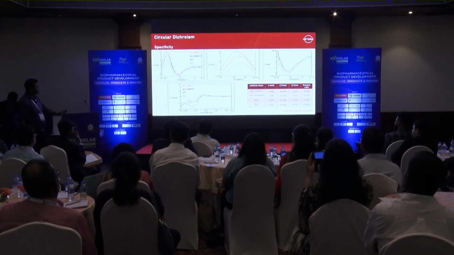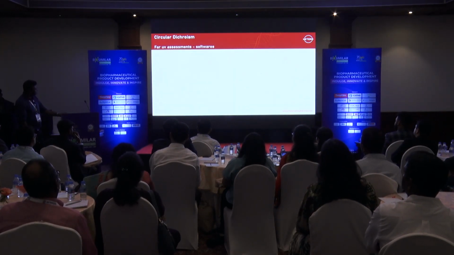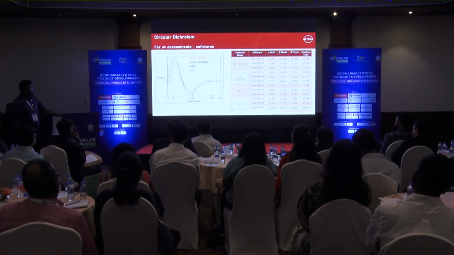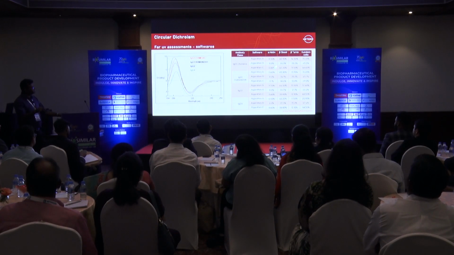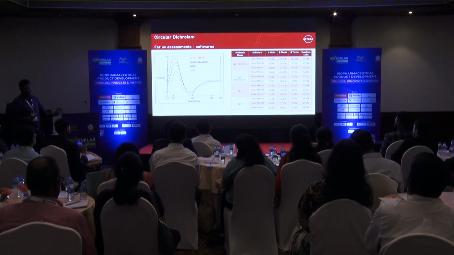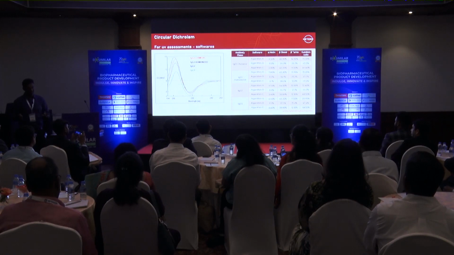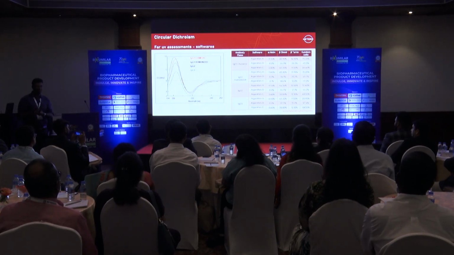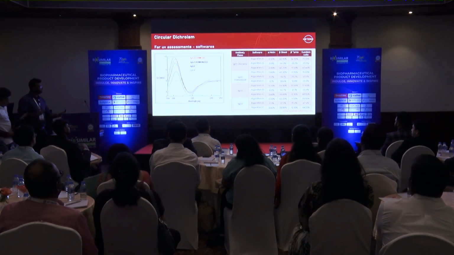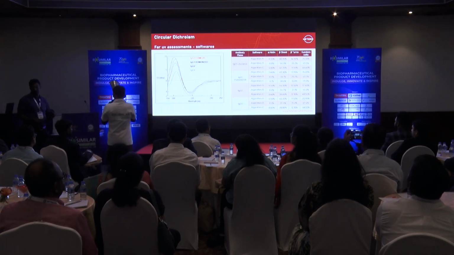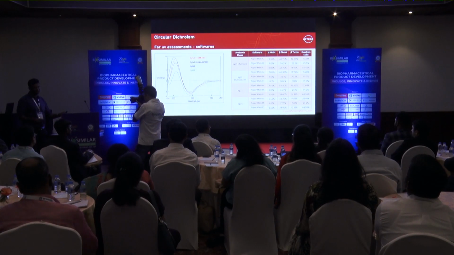Also, when you are doing circular dichroism, taking the same example from the previous slide, the algorithms that we use to evaluate the secondary structures will change the impact you see on the results. We have just tried using 3 different algorithms. Some software are available as a free source online, some come with the system, some are paid software. Different software use different algorithms and it changes the quantification of the alpha, beta sheets, helix and coils.